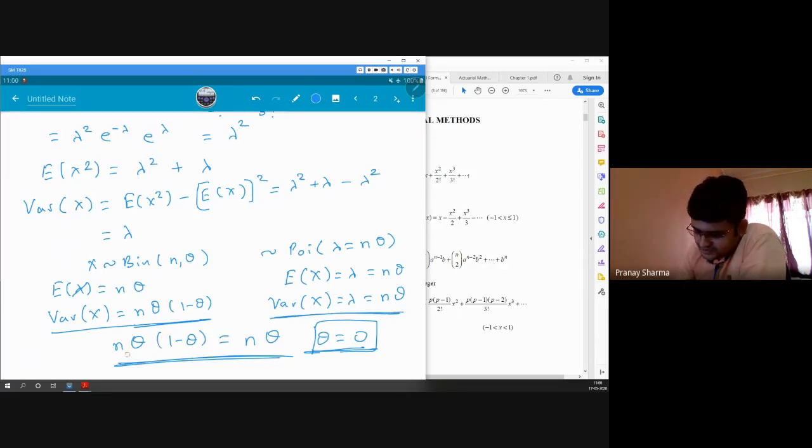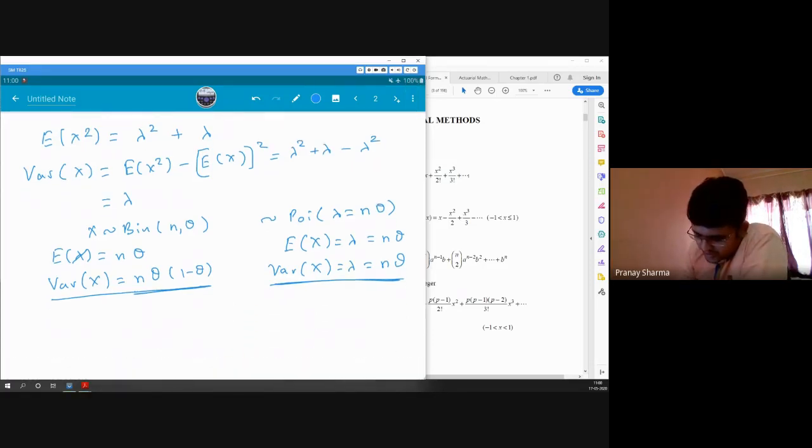And that is why we said that our binomial is converted approximately. This is how we write approximately, and you will find this written in our books. Poisson lambda, it converts approximately and only when n is large and theta is small.